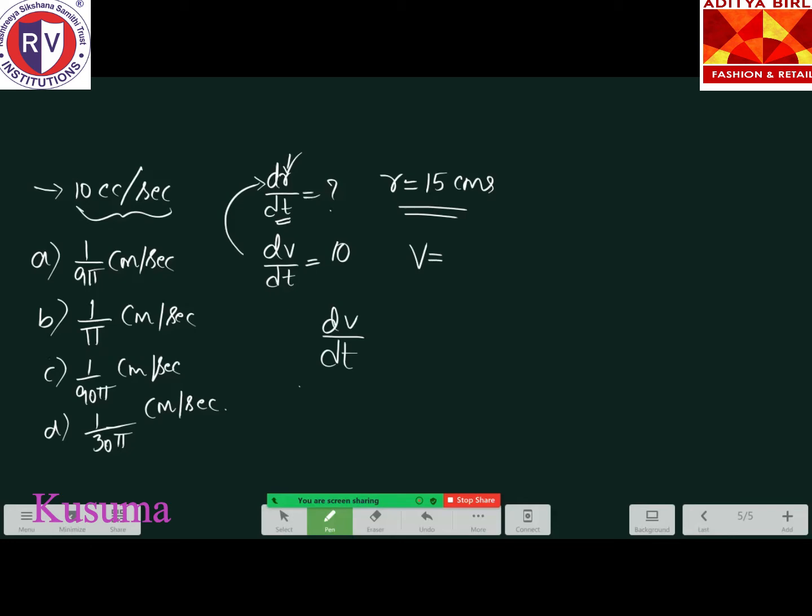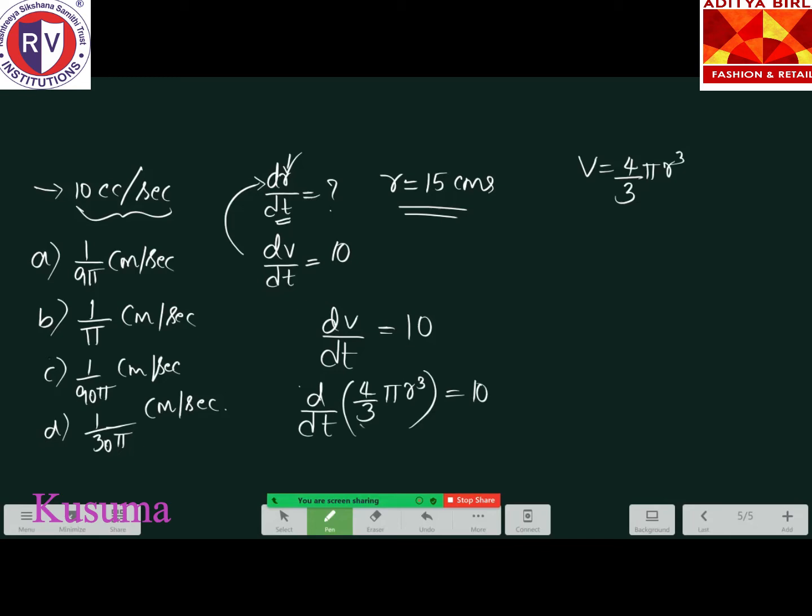Okay, can anybody tell me what is the volume of a sphere? 4 by 3 pi r cube. Good. 4 by 3 pi r cube is the volume of the sphere. So dv by dt is 10. In place of v, let us substitute this 4 by 3 pi r cube, which is equal to 10.